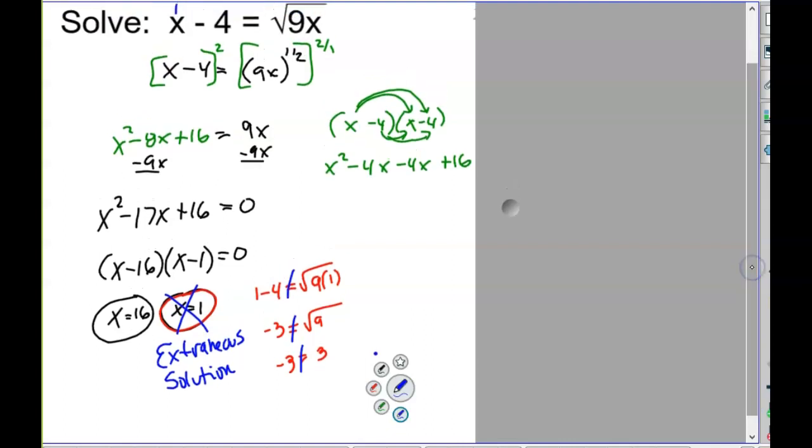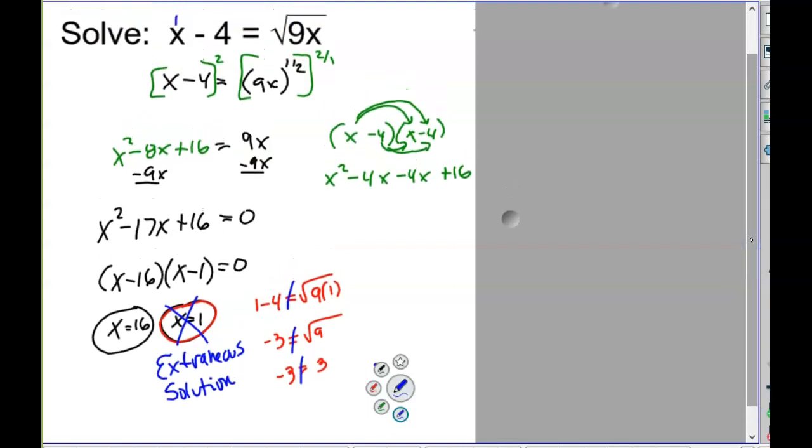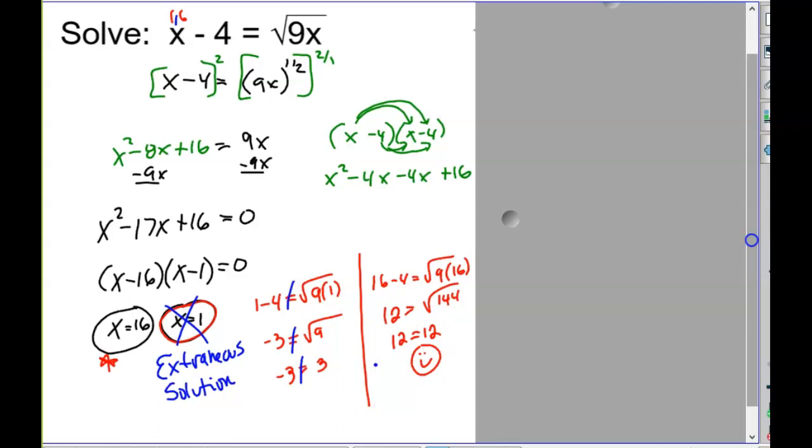I wouldn't maybe do the next one in my head, but if I check 16, I get 16 minus 4. That's 12. So I get 12 equals the square root of 144, which actually works. So that means x equals 16 is a solution that works.